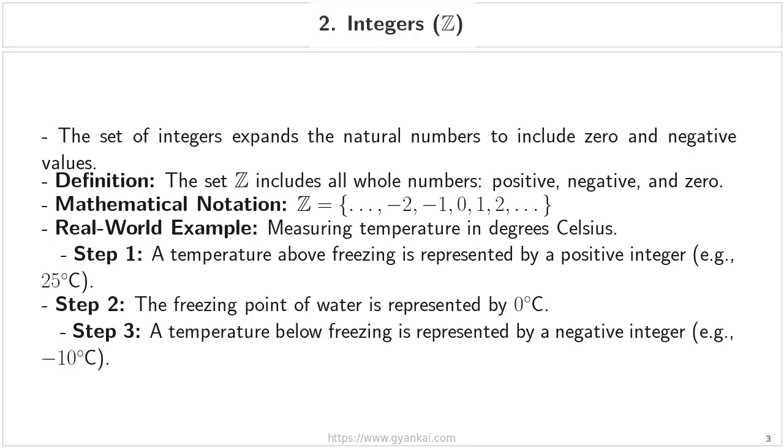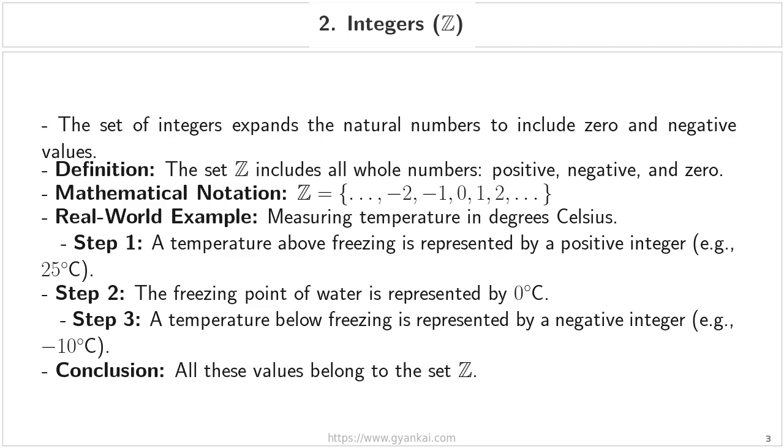Finally, think about a very cold winter day where the temperature drops below freezing. We would represent this using a negative integer, like -10 degrees Celsius. In conclusion, because all these different temperature values, positive, negative, and 0, are part of this collection, we can say they all belong to the set Z.